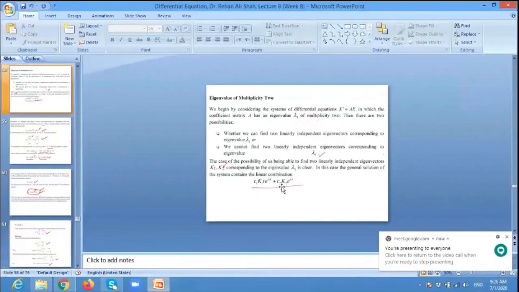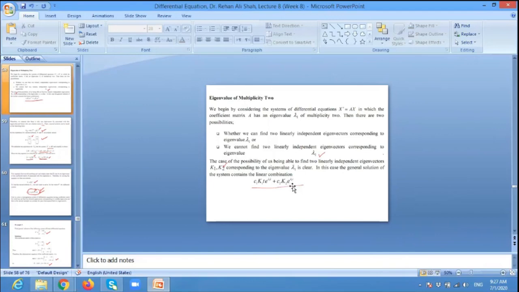If one root is k1 and another is k2, and k1 and k2 are multiple of each other, so you will write c1 k1 t e power lambda 1 t and c2 k2 e power lambda 1 t if lambda 1 and lambda 2 are same. So multiply 1 with t, c1 k1 t e power lambda 1 t, c2 k2 e power lambda 1 t. So the procedure is same.